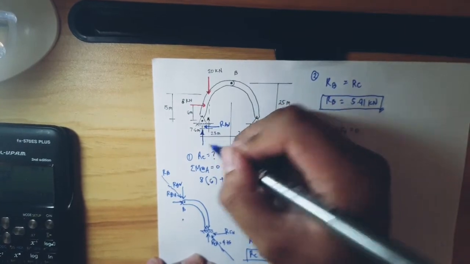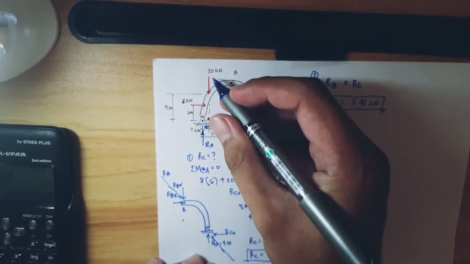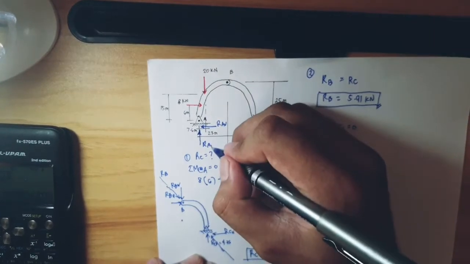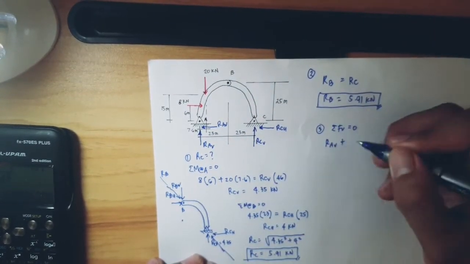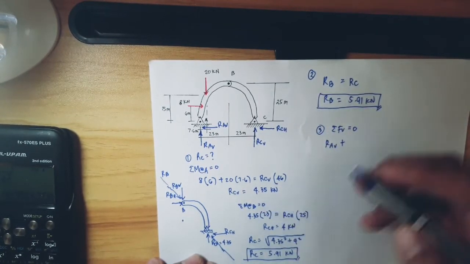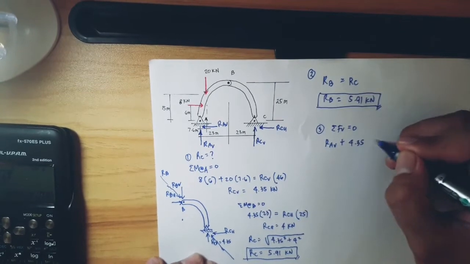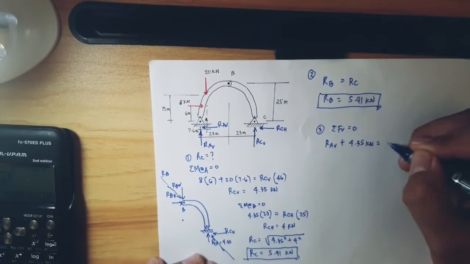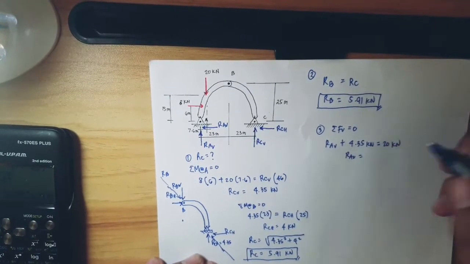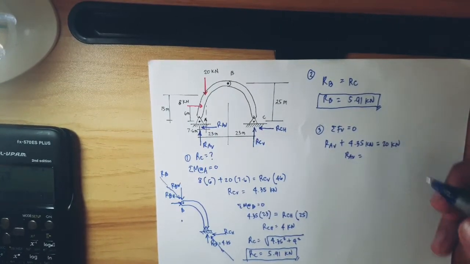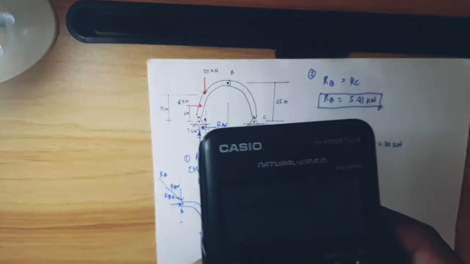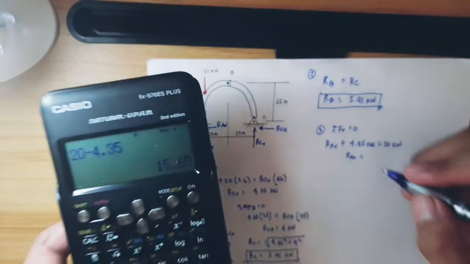Of course, upward force RA to resist the 20 kilonewton. So RA vertical plus RCV, which is nakuha na to si RCV, 4.35 kilonewton equal to 20 kilonewton. So RA vertical, that is 20 minus 4.35, we have 15.65.